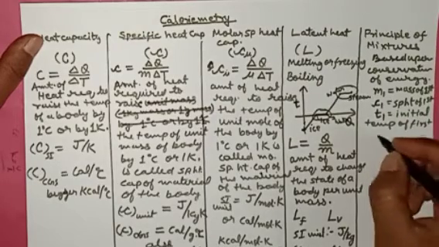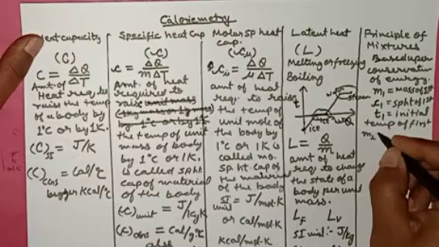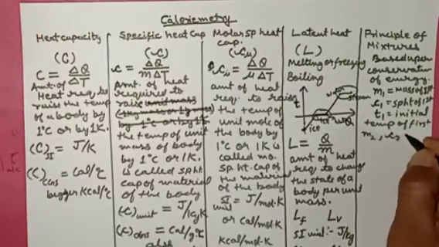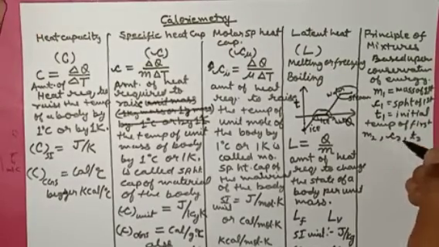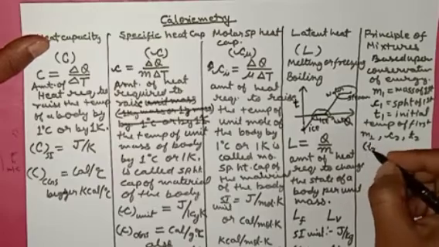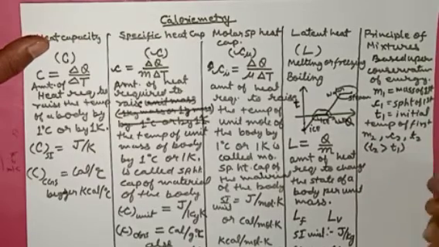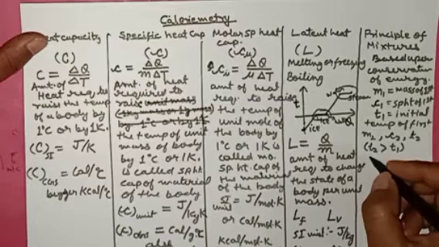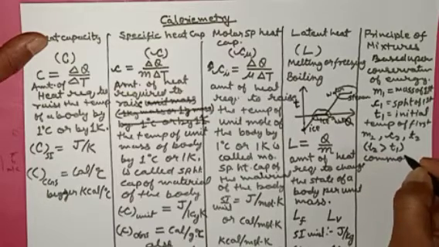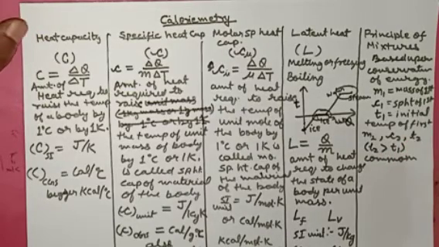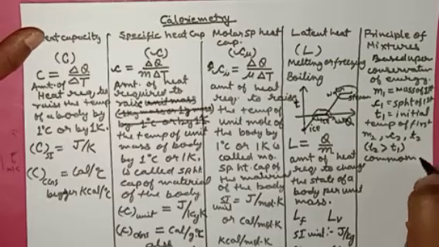Similarly, we have another object, m2 mass. To save space, I'm just writing m2, c2, t2, with t2 greater than t1. So if both are mixed, let us suppose common temperature. If we mix them together, then the hot body gets colder and the cold body gets hotter. So the common temperature is T.